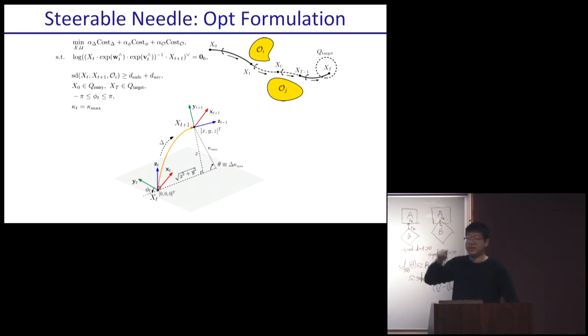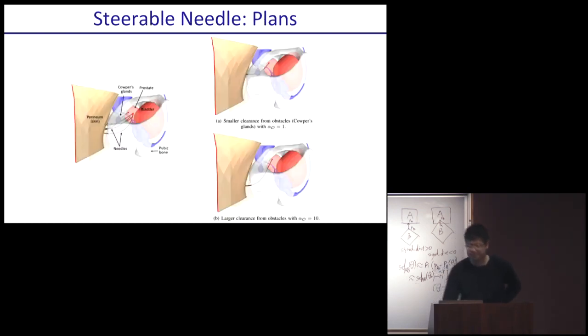Because e to the 0 is 1. And if the inverse of a and b times together is 1, then they should be the same. That's why we have a 0 on the right side, because there is a log on the left side. But it's just a rough description. If you want to know the details, you can take Lie algebra or something.